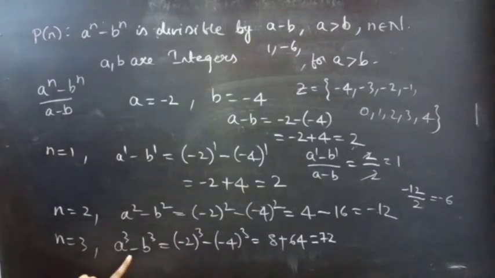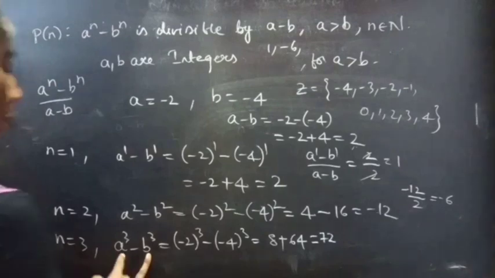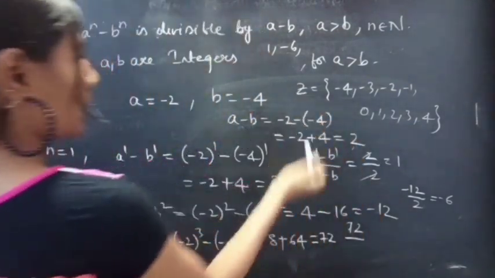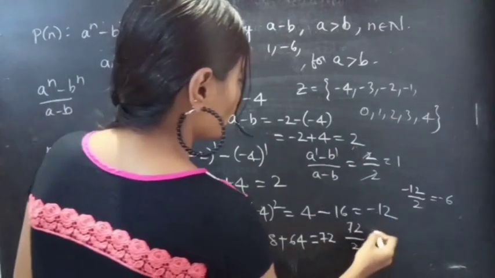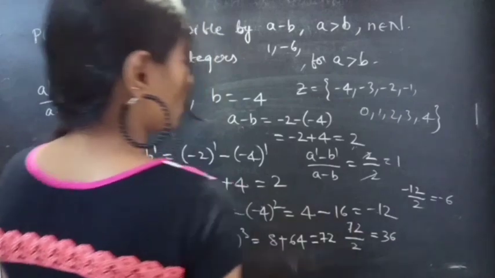Now, for n equals 3, we'll check whether a cube minus b cube is divisible by a minus b or not. a cube minus b cube is 72 divided by a minus b, 2: 2 3s are 6, 2 6s are 12, 36.